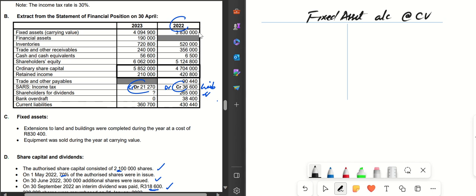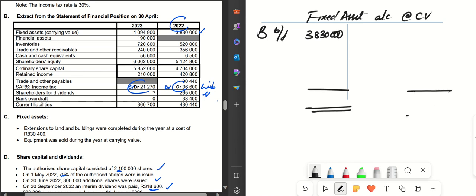So I have my balance at the beginning, which is my 3 million there. Remember, it's an asset, so it's balance brought down 3,830,000. Okay, and then the other balance, I'll come here. It is 4,094,900. Then I'll come here and I'll say my balance carry down.